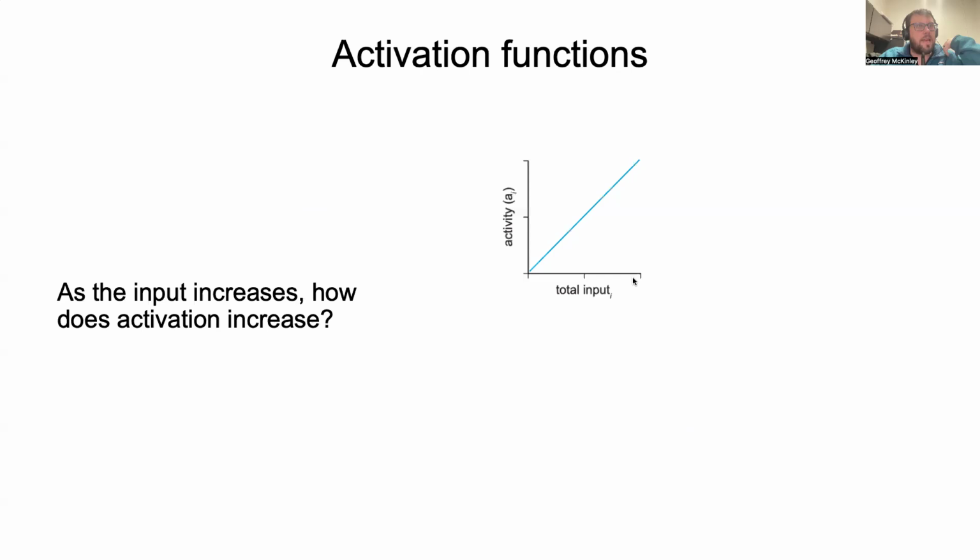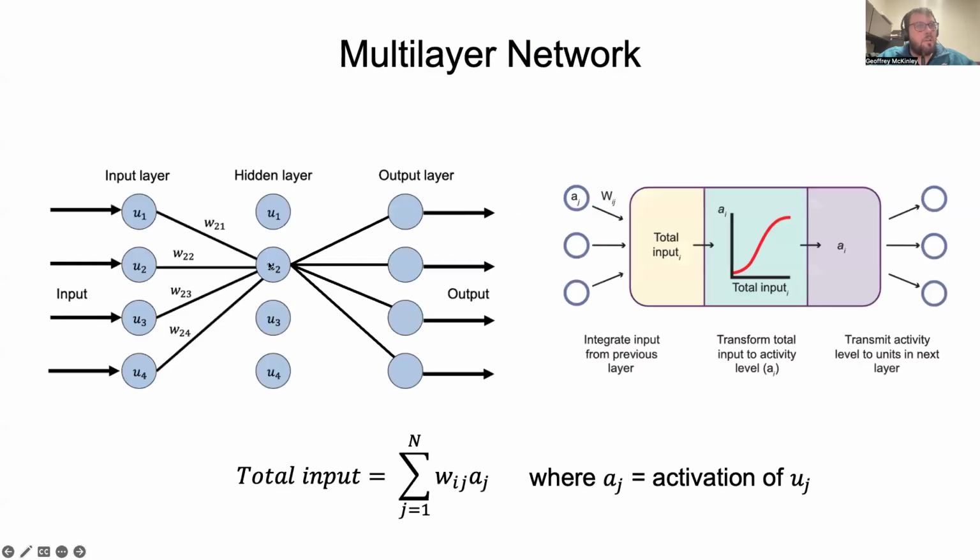I'll show you some of that here. First, I wanted to point out that every single unit in the network is going to have its own total input associated with it. I only did it for one unit, but it's going to have it for all the units.